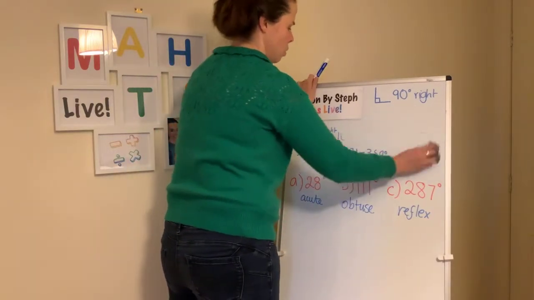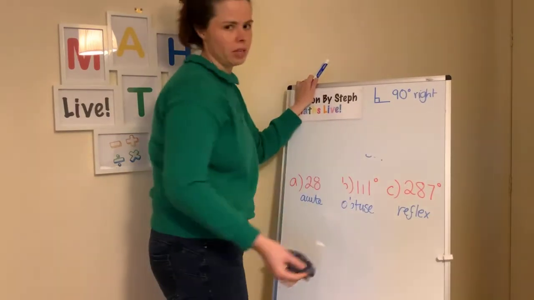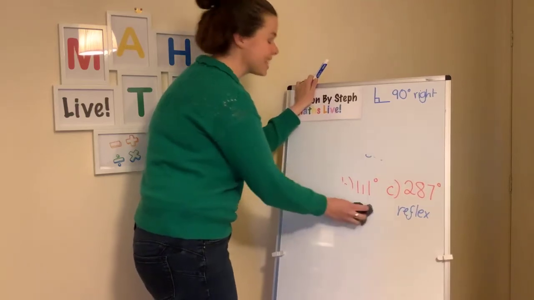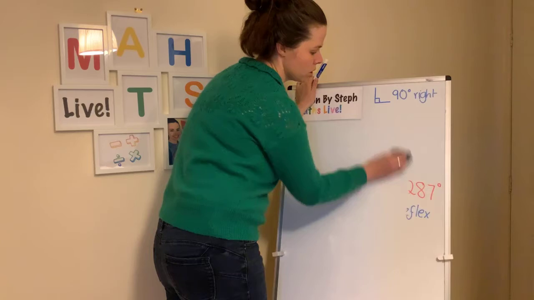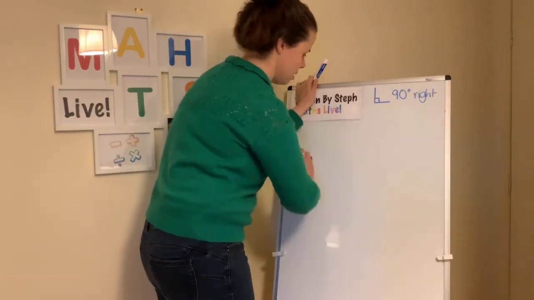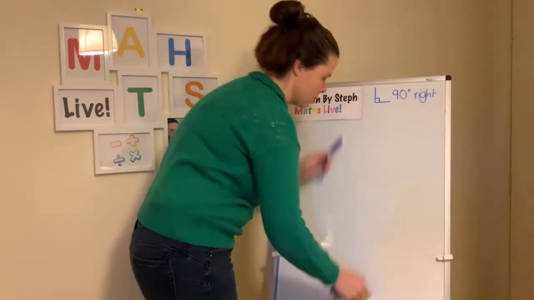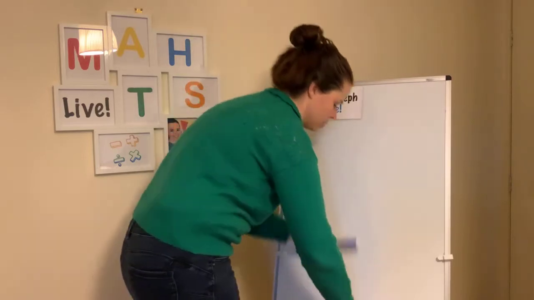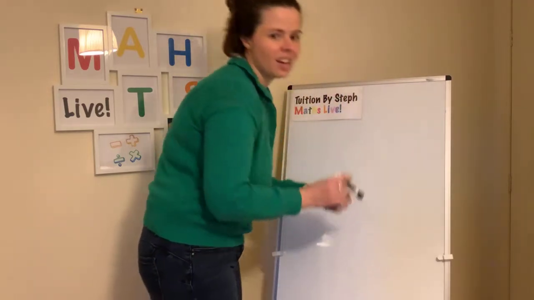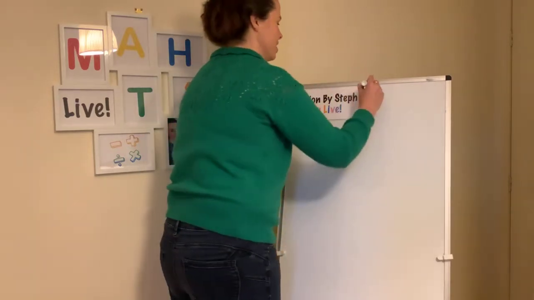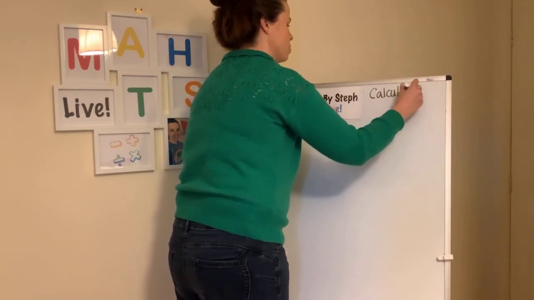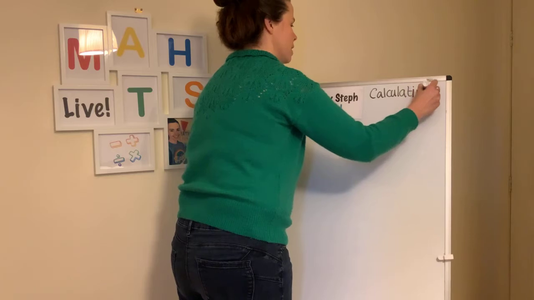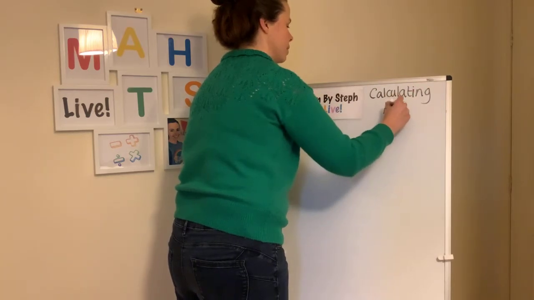Right, what are we doing today? Obviously carrying on with angles. We are learning to calculate angles today, and it's quite good that I've got that up there. In fact, I'm going to take that off and I'll give us a title in case anyone happens to join a bit late, so they'll know what we're doing.